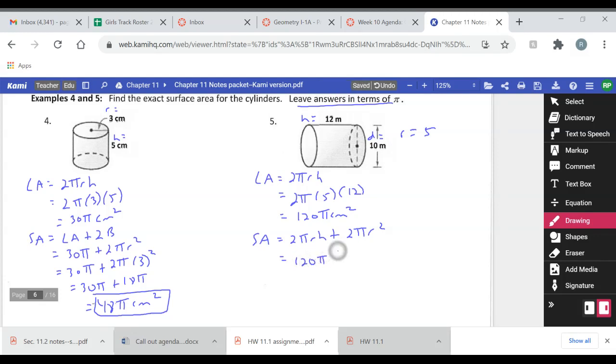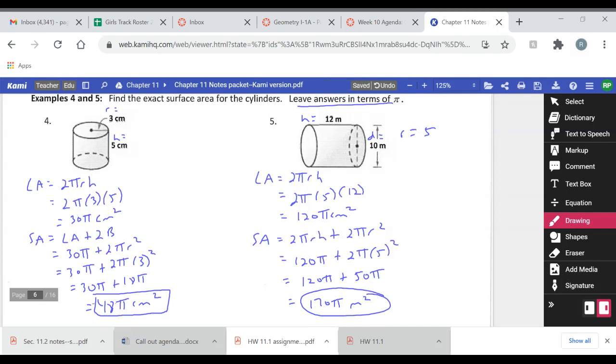I don't need to rethink that again. But this part I haven't done yet. So I've got 2 times pi times the radius, which is 5, and I need to square that. So I've got 120 pi plus 25 times 2, which is 50 pi. And if I add those up, I've got 170 pi meters squared.